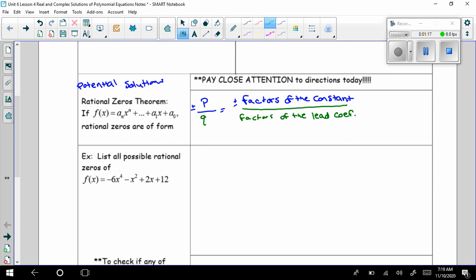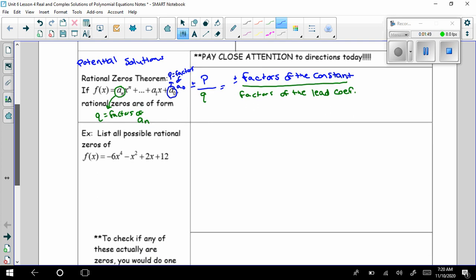So the factors of this front one and then the factors of this top one. Okay, so being really good at factoring and knowing your factor pairs is helpful for this.